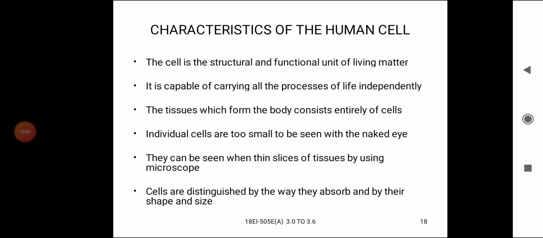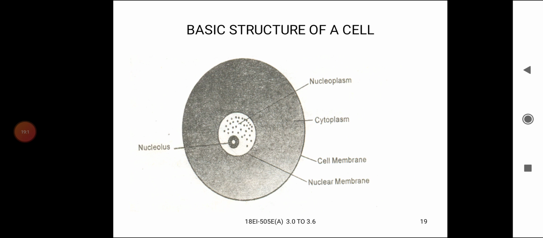Cells are distinguished by the way they behave and by their shape and size. The basic structure of the cell is shown in the picture on the slide. Inside the cell there is a nucleus.